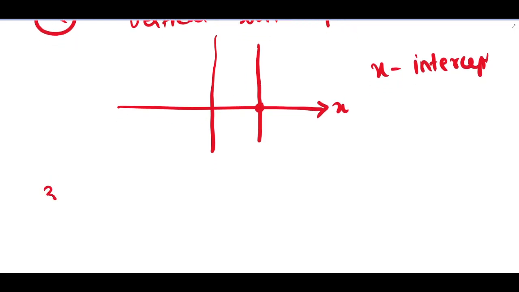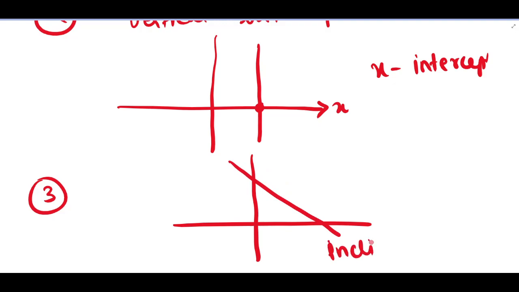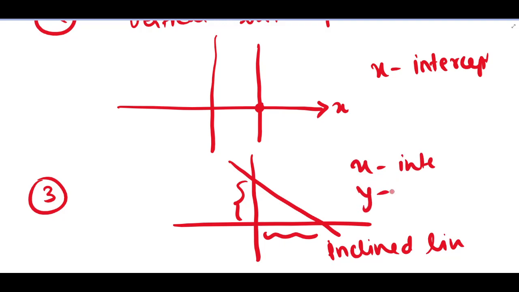Third is if a line intersects at 2 points. This line is called an inclined line, and it has two intercepts. So it has an x-intercept as well as a y-intercept.